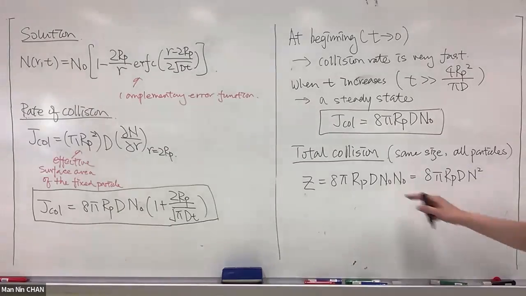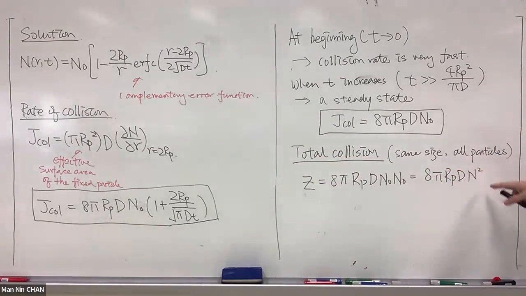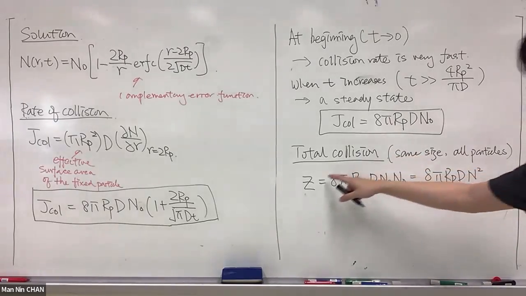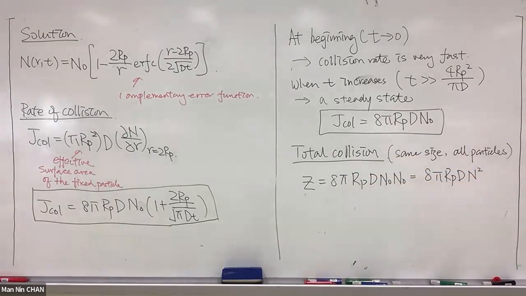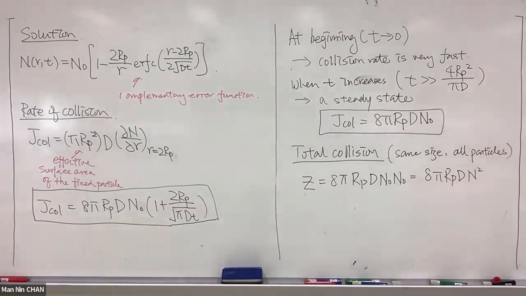So now you are looking at the total collision of the particles, say you have n number of particles. This equation gives you the total collision, and of course we still assume all the particles have the same size. So this gives a good calculation for your total collision.